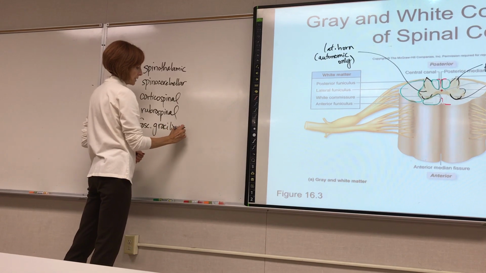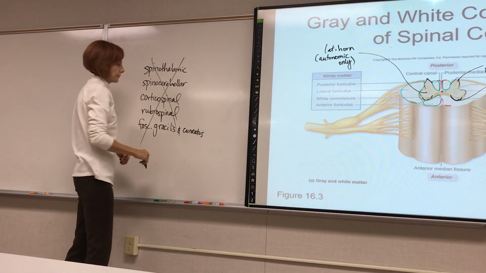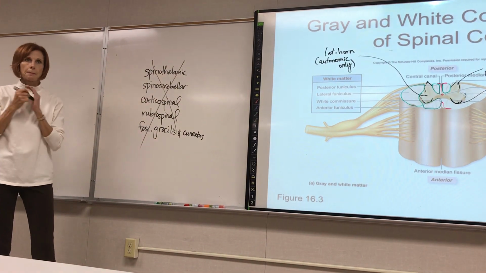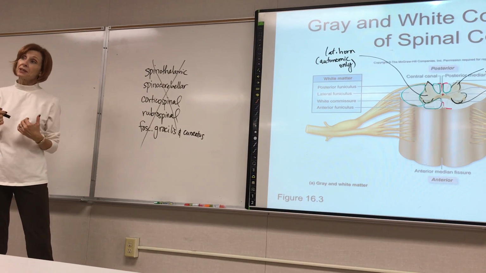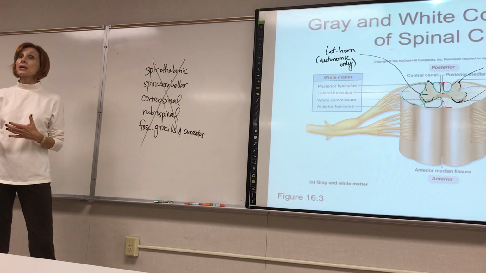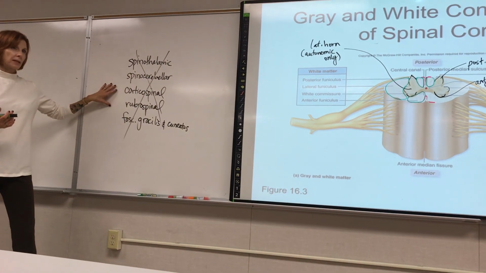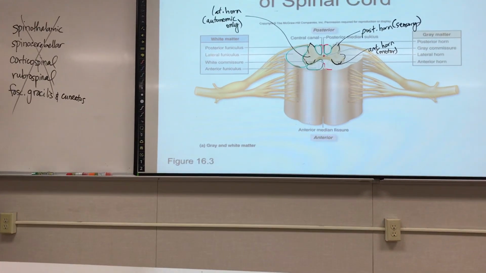Okay, so there's quite a few. You can take these off the list. These would be somewhere under the spinal cord. I think they're down toward the bottom of the page. If you want to read about these, if you're interested, you can check these out in chapter 17. They're in 17. And this is not something that I think will impact you in physiology. I don't think you have to worry about that.